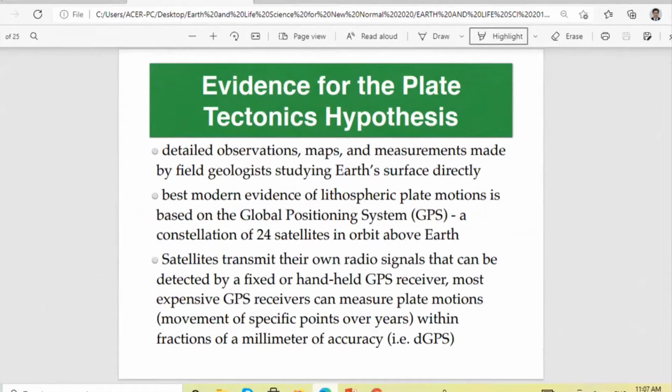Satellites transmit their own radio signals that can be detected by fixed or handheld GPS receivers. The most expensive GPS receivers can measure plate motions, or movements of specific points, over years within fractions of millimeters of accuracy.